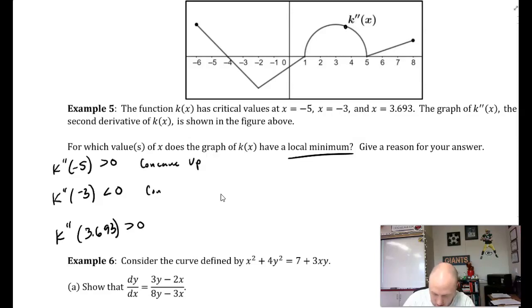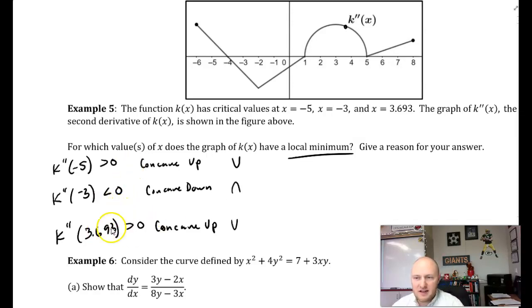This is concave down. And this value is concave up. So if these are critical values, concave up, concave down, concave up, the first and the last critical value will give us a local minimum.